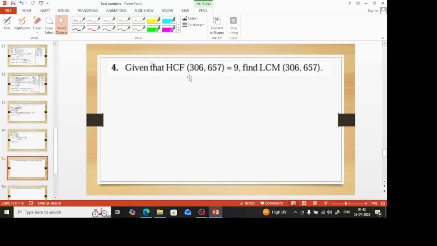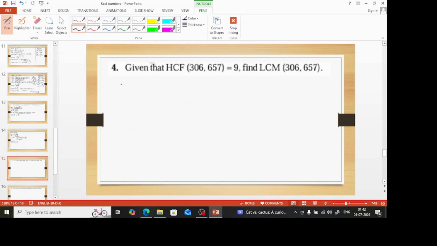When two numbers are given, 306 and 657, it is very simple to calculate LCM. We can find the LCM by prime factorization. You know it very well.